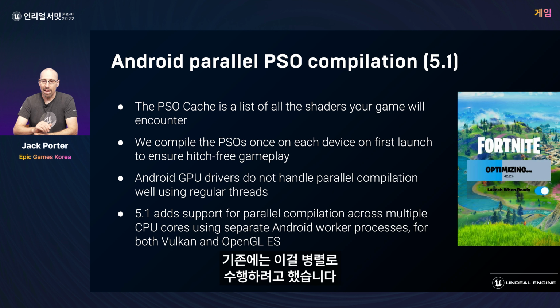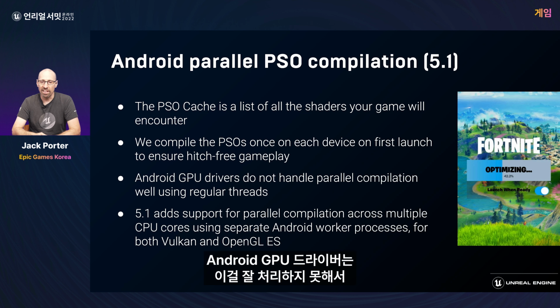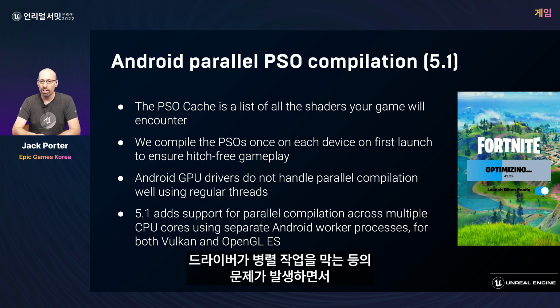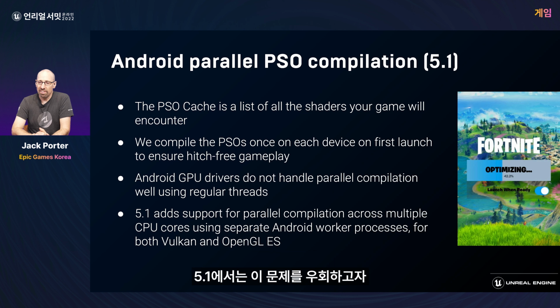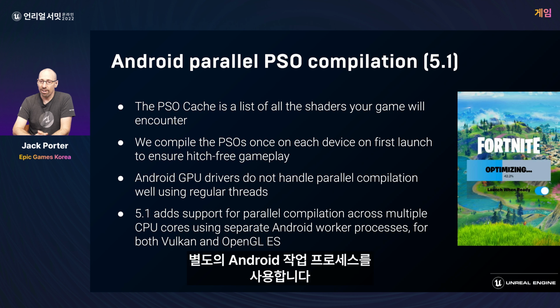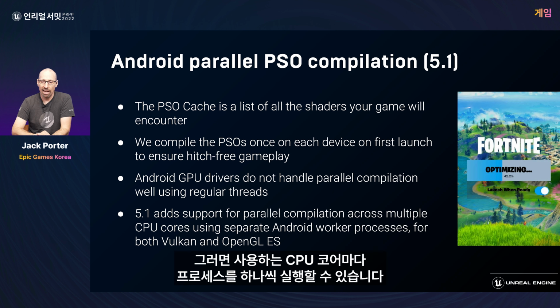And previously, we tried to make this happen in parallel. You've got a number of CPU cores that should, in theory, be able to compile multiple PSOs simultaneously. But we found that Android GPU drivers either didn't handle it as well, they would crash or be unreliable, or the drivers were in fact preventing any parallel operation from occurring, and so we weren't getting any speed up. 5.1 sidesteps this issue by using a separate Android worker process for both Vulkan and OpenGLES, and this allows us to spin up one process for each CPU core we want to use.